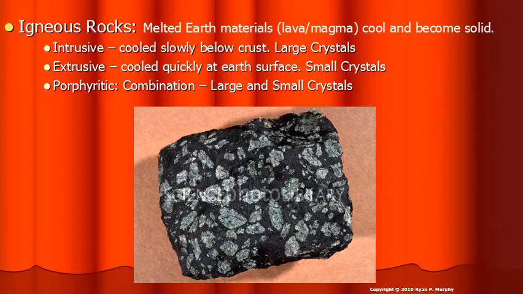We do have one more because sometimes something happens, like for example, a rock starts to cool underground, but then it gets spit out by a volcano and then it cools really quickly. So you get sort of a combination of large and small crystals, and this is called, this is a tough word, porphyritic. Porphyritic. Okay, so this is a combination of large and small crystals, right?